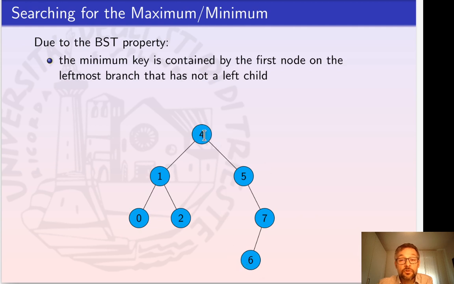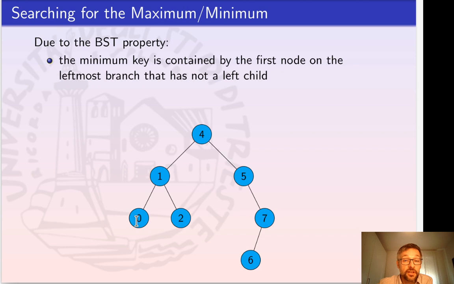So the minimum in this BST is, of course, the first node on the leftmost branch that has no left child. So the minimum is among this branch, the leftmost branch, and I need to find the last node in the leftmost branch which hasn't any left child, and this is it.